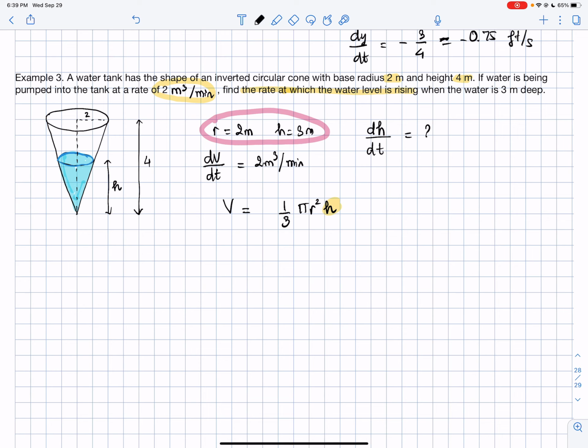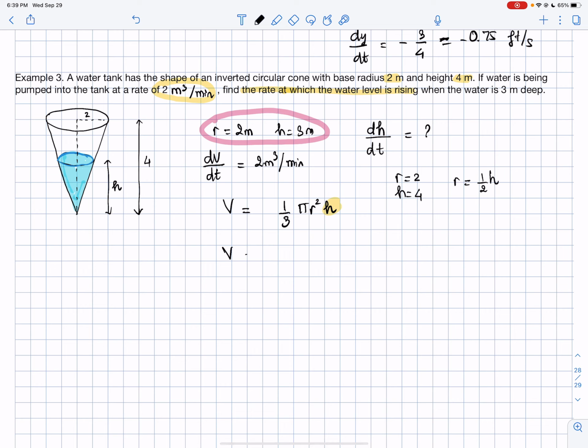So from the picture, r is 2, and the height is 4, so r is just a half of the height, because 2 is a half of 4.